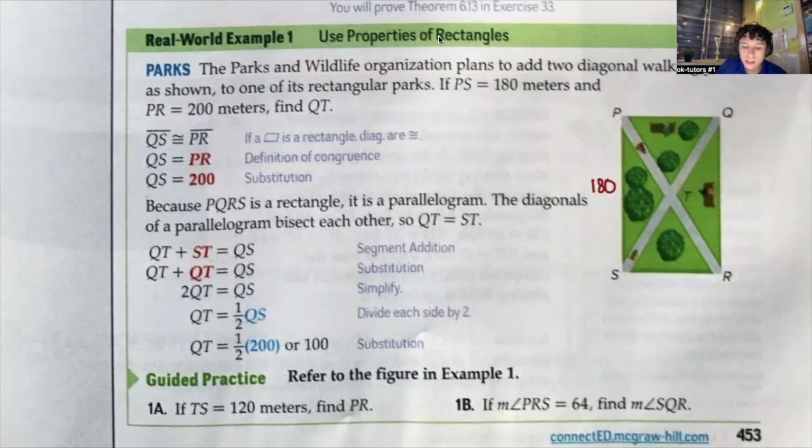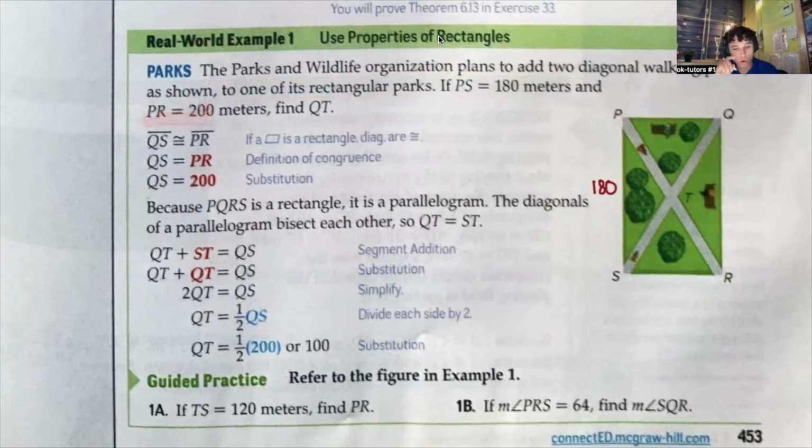And then it says that PR is 200 meters. So that means that from here to here is 200 meters. Find QT. We have to find QT. So we have to find from here to here.